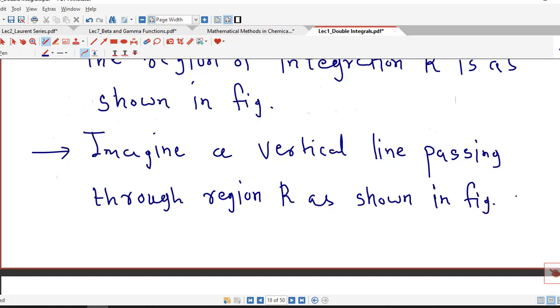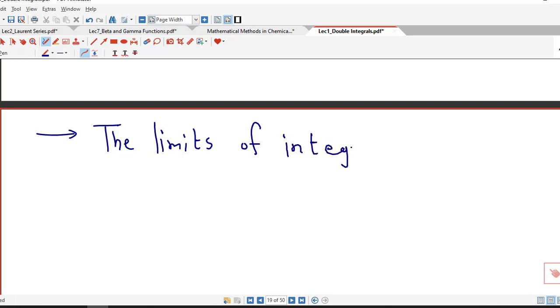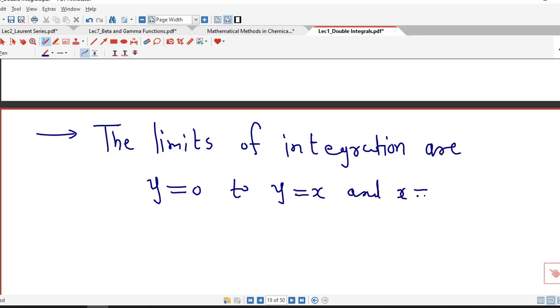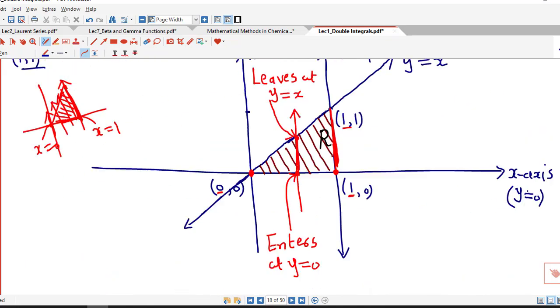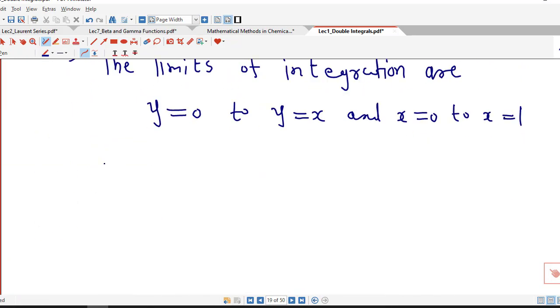So we find that the limits of integration are, so we write down the limits of integration. In R, we find that y is from 0 to y equal to x, and x is from 0 to x equal to 1. Let me check again. Okay, fine. y is from 0 to x, x is from 0 to 1.